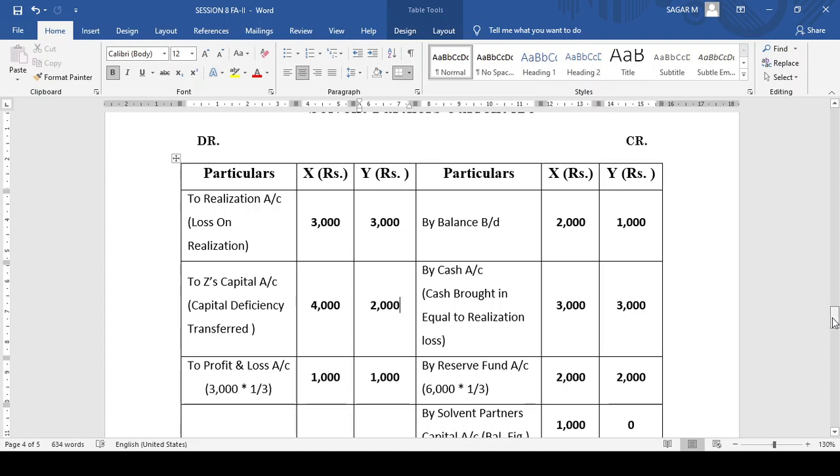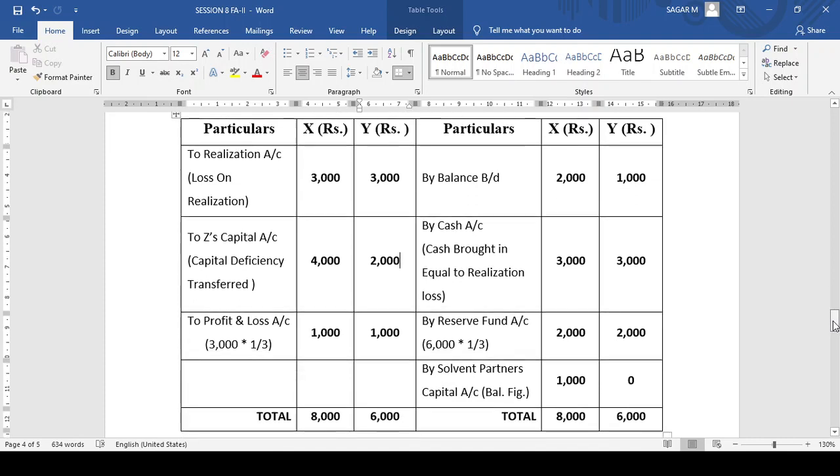So after transferring all the entries relating to solvent partners, we need to make a total. Now if you look at the total, the debit side is more. So X's debit total is 8,000 and Y's debit total is 6,000. So we keep the same total on the credit side, that is 8,000 and 6,000.